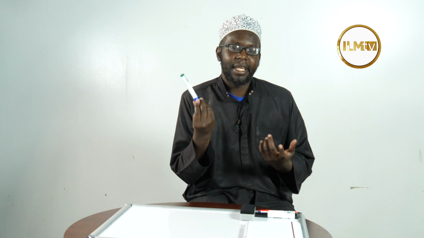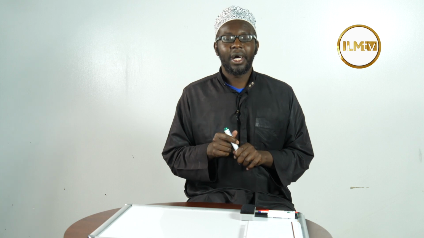Kitabu ha, her book. Qalamu ha, her pen. Ismu ha, her name. You know, when you have a hu at the end, it is his, and a ha means her. Now let's do kaf and mim.